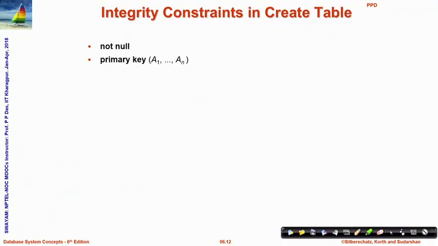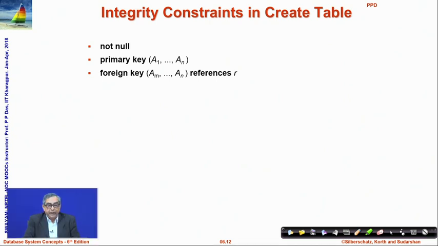One is not null, another is primary key, and the third is foreign key. Not null will specify whether a field can be null or not. Primary key, as we have seen, will specify the attributes which form the primary key, and the foreign key will specify the attributes which reference some other table and are a key in that table.